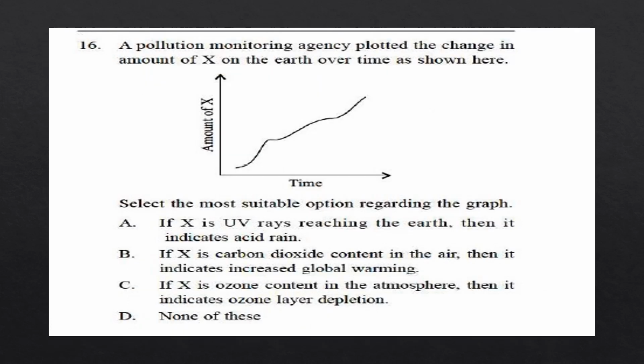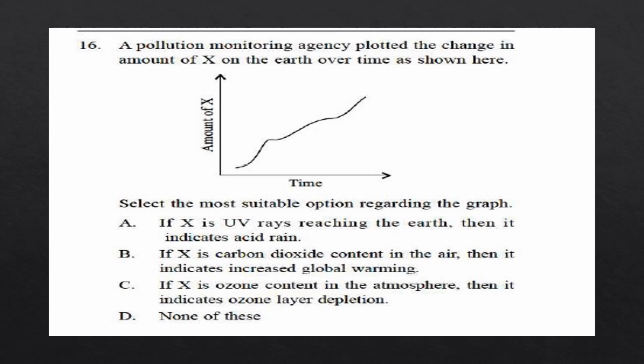Question number 16. A pollution monitoring agency plotted the change in amount of X on the earth over time as shown here. Select the most suitable option regarding the graph. A. If X is UV rays reaching the earth, then it indicates acid rain.